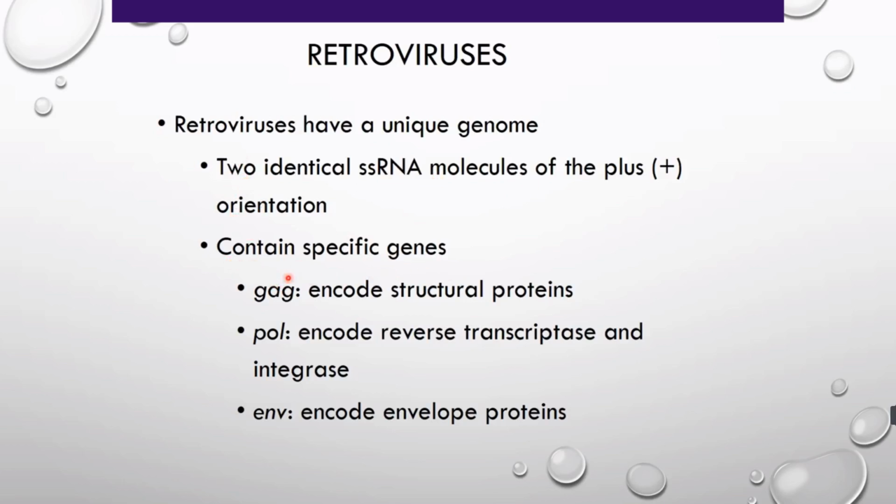We have the GAG proteins, which are the structural proteins that are manufactured. The polymerase pol protein, which encodes the reverse transcriptase and integrase, and then we have our ENV proteins, which basically make the envelope proteins.